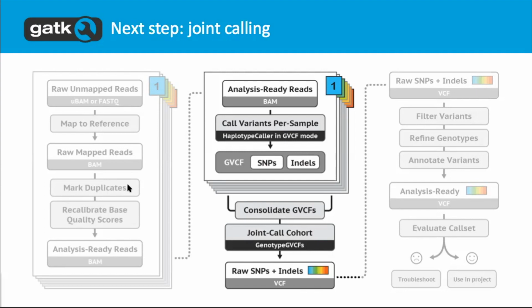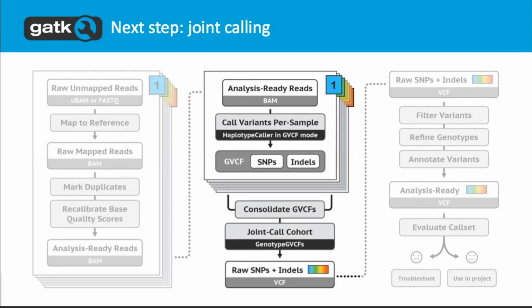Any more questions about HaplotypeCaller? So about the PL and the GQ. How can I know what is a good number or not? It's relative.